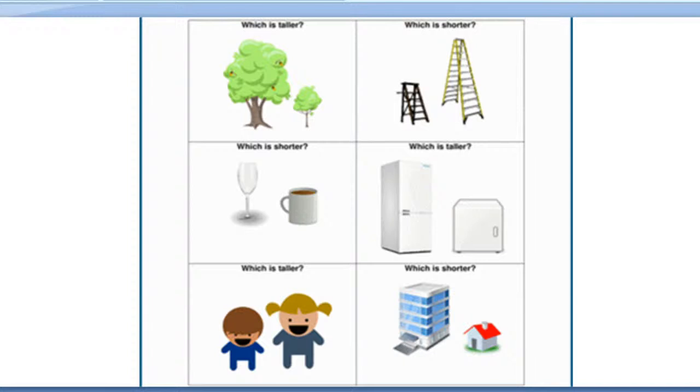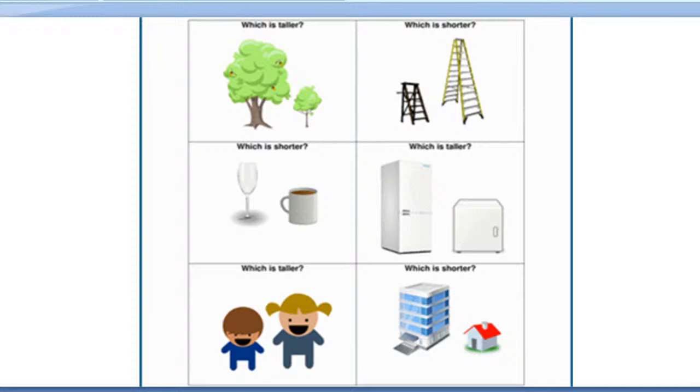Very good, everyone. Now let's come to the other side and look at the picture at the top, beside the trees. There are two ladders, and you have to tell me which is the shorter one. Okay, good.